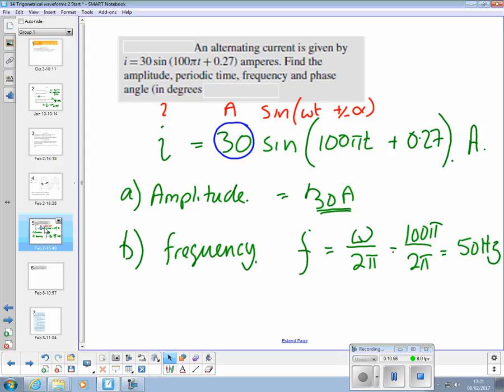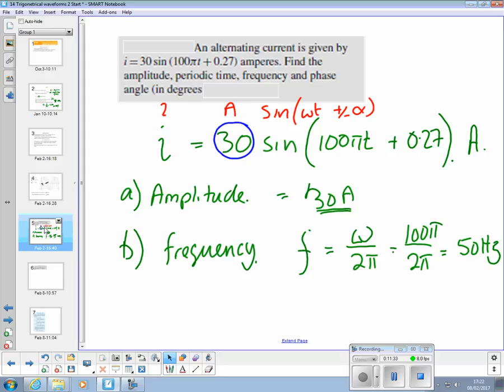Adam, we talked last week about not evaluating pi unless you have to in your functions. That's a typical example of why you wouldn't. You do that calculation, that cancels out anyway. So normally only evaluate pi right at the end. So you get the frequency from the omega value, always remembering omega is equal to 2 pi f. If you remember that, you can always get that.